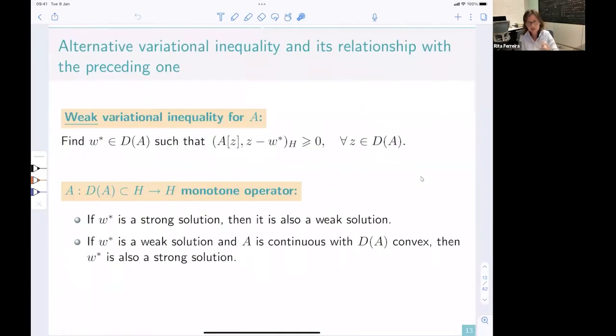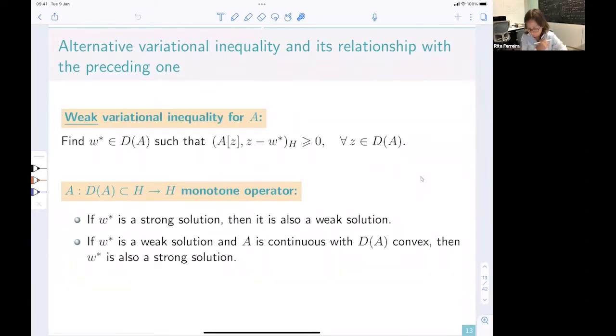And so this led to an alternative variational inequality, which is called the weak variational inequality. This is the problem of finding a certain W star as before. But now what is the difference? Before, A was evaluated at this W star. Now A is evaluated at an arbitrary point Z, and this weak variational inequality has to be satisfied.